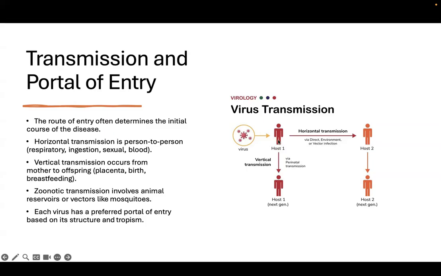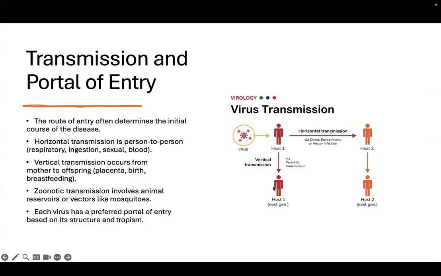This could be through aerosols, so respiratory. This could be ingestion, so eating certain foods that are infected with viruses. This could be through sexual contact, or through bodily fluids like blood. This is what we mean by horizontal transmission, going from one host to the other. It's going from one person to the other.